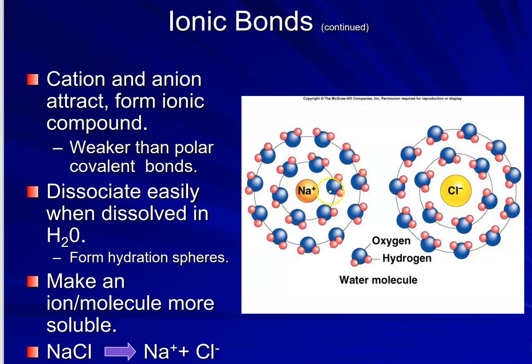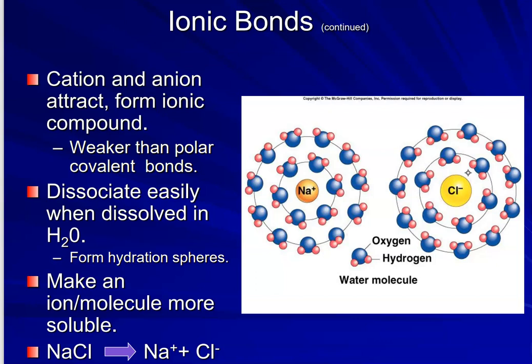The oxygen end of each water molecule is attracted to that positive sodium ion. And here on the chloride side is the opposite. The slight positivity of the hydrogen end of each water molecule is attracted to the chloride ion, the negativity, so the Cl minus there. So now you can picture that this sodium chloride table salt would dissolve easily in water.